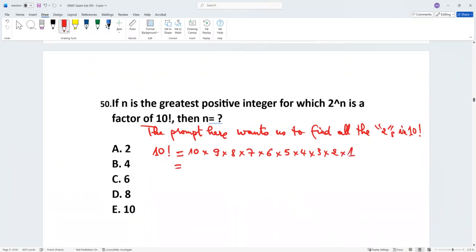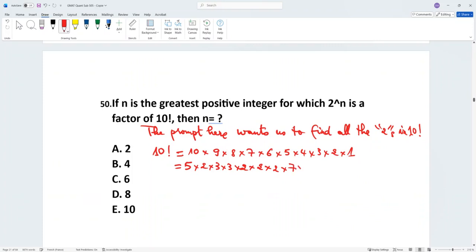So we are going to simplify it more. 10 is 5 times 2. 9 is 3 times 3, and 8 is 2 times 2 times 2, and then 7.